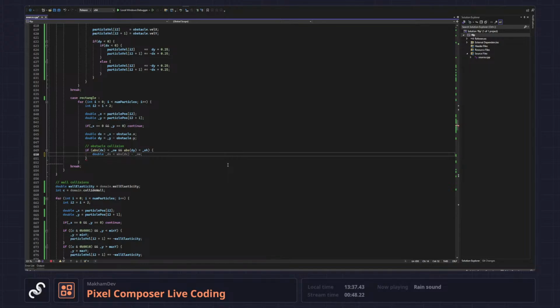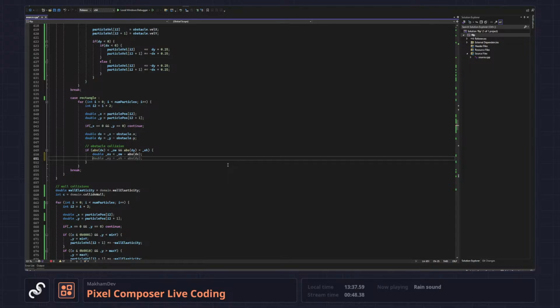We want to know the distance from the edge, right? So we say the distance from the edge on the x side would equal the width minus absolute dx, and then that's going to be the distance to the edge, ex, ey.